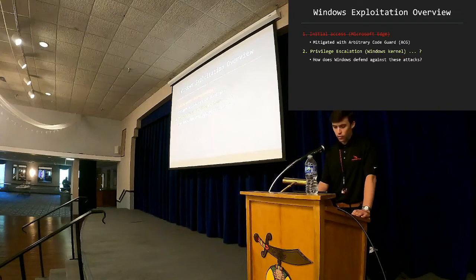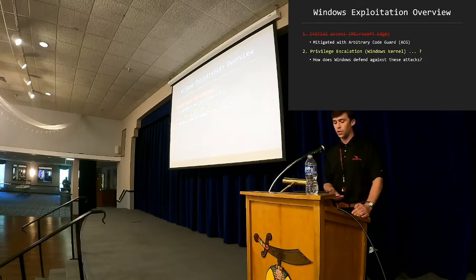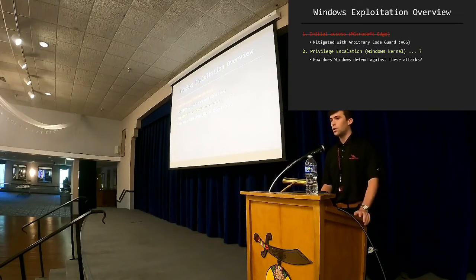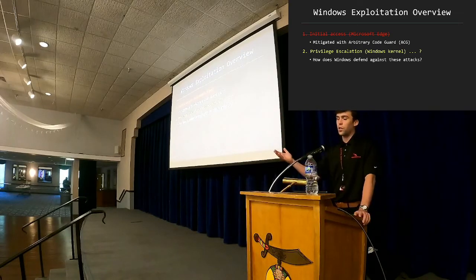In our example, we corrupted the page table entry to make memory that was writable executable. That violates the tenet of arbitrary code guard, that memory can't be both of those things at any one time. But that's a user mode mitigation, and the reason is that the mitigation itself is implemented in the kernel. So we have a user mode, kernel mode security boundary.